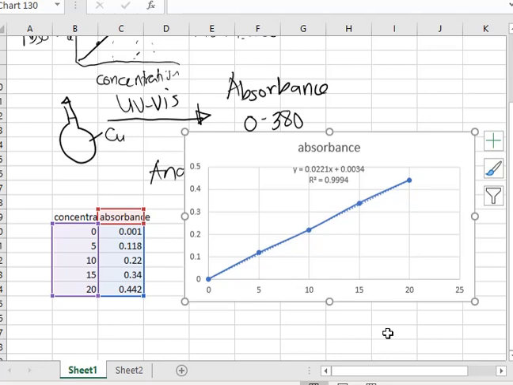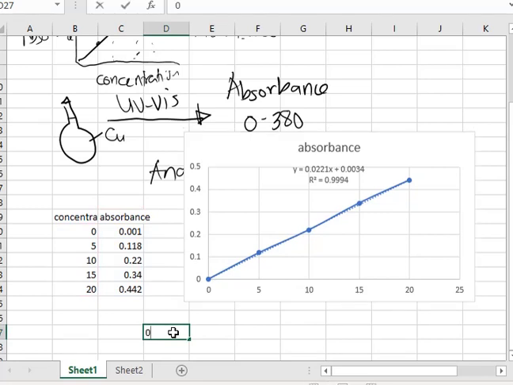The answer is 17.04 ppm. That is the concentration of your sample.